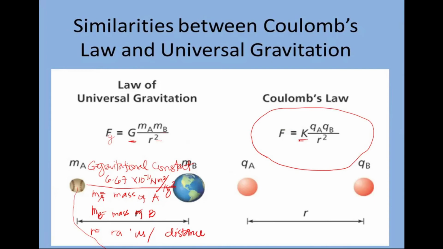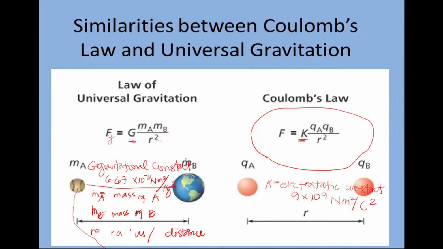Where before our constant value was G, here we have K. This small letter k, or capital letter K in other books, is what we call the electrostatic constant. And that is 9 times 10 to the 9 Newton meter squared per coulomb squared.